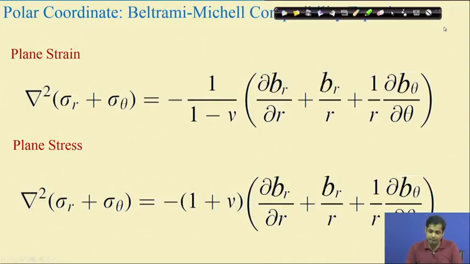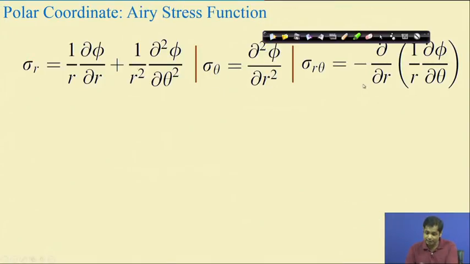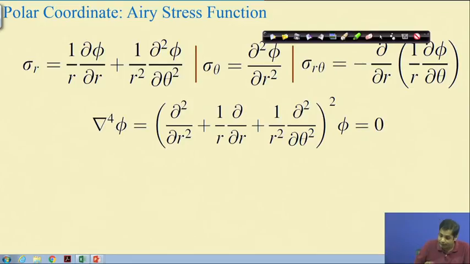Now, once we have the Airy stress function, the rest is to substitute. You recall this is the compatibility equation. In that expression we substitute sigma r, sigma theta and sigma r theta using these definitions, and then we have the biharmonic equation like this. Here we assume the body force term is 0. So, it is essentially del 4 phi equal to 0.